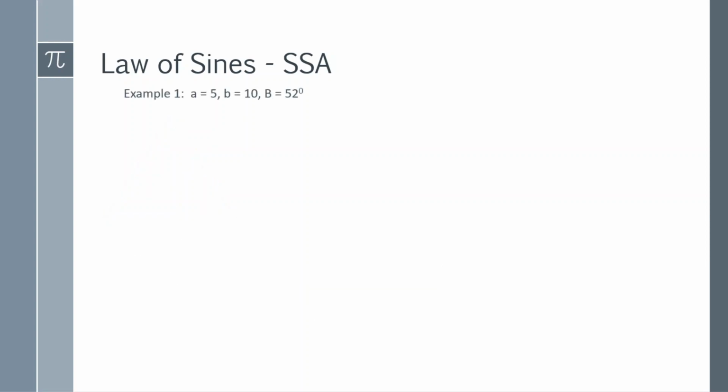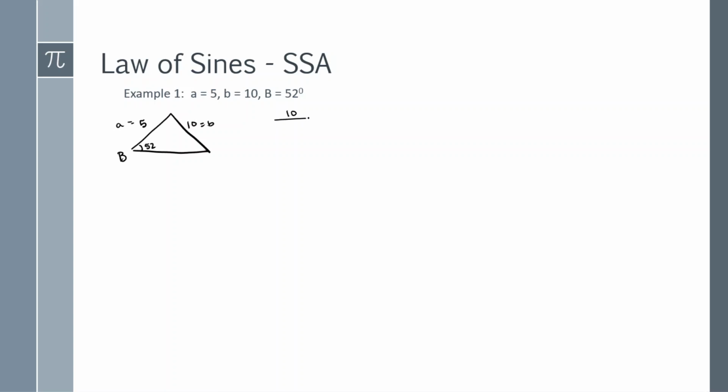So here is a scenario. We have A being 5, the opposite side 10, and angle B is 52. So let's start by setting up our law of sines.